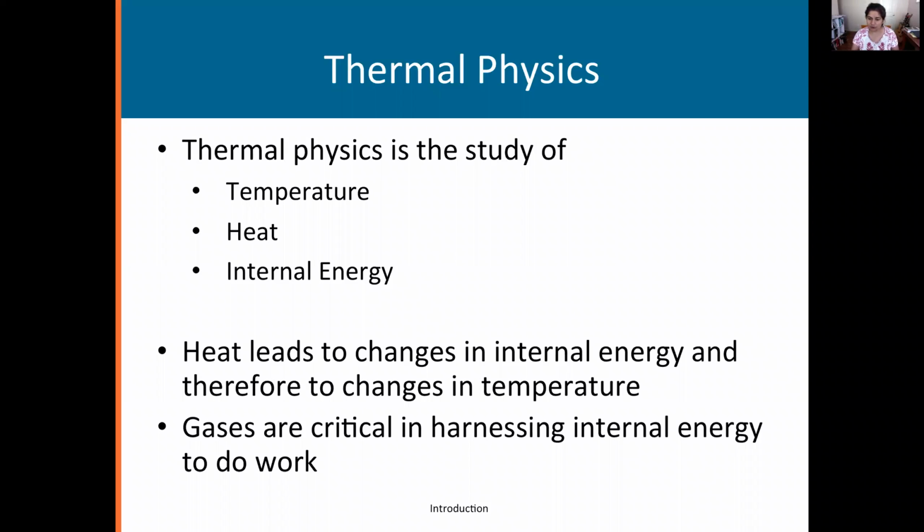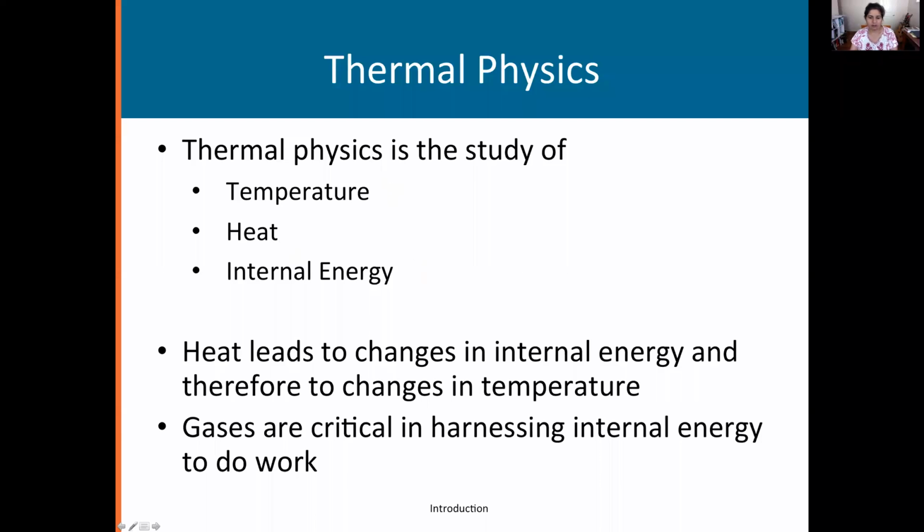So any kind of energy inside your system is called your internal energy. Okay? And that internal energy is intimately related to the temperature. The higher the temperature, the higher the internal energy. We typically write internal energy with the symbol U. Yeah? The temperature is represented as T, and we'll see in a minute what heat is. There's no symbol for heat.